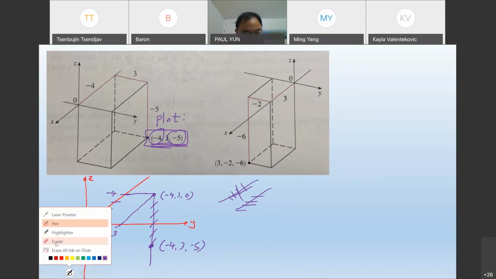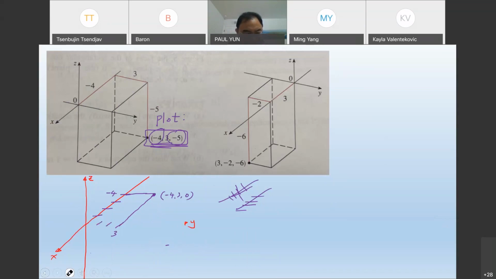I lost my y-axis. Then you mark 5 down. 1, 2, 3. Make this one straight. Then start going down here. And then what is this point?